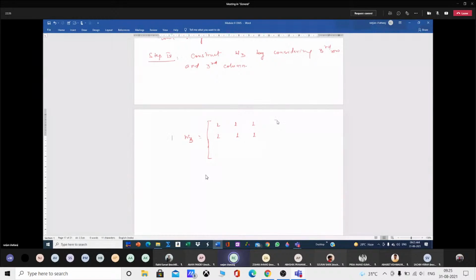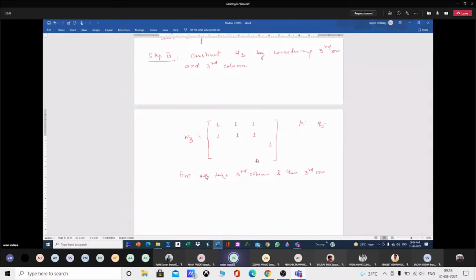Okay. And we have a 1 over here and the rest are 0. So this is the W3. Okay. Now we simply construct W3. So first we take the third column and then the third row. Okay, and construct Pi Qj.